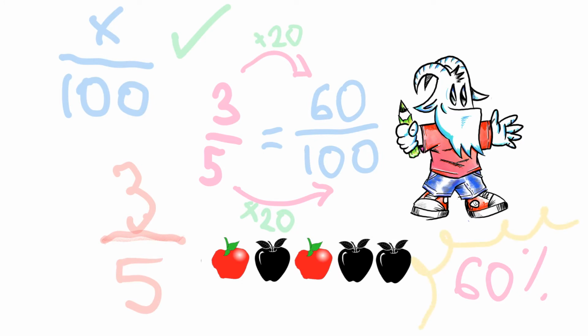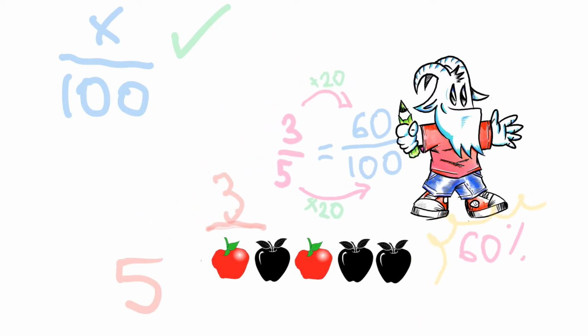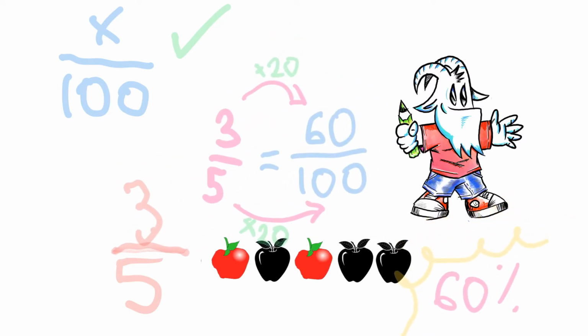My work here is done. So what we do is we multiply the denominator and the numerator, trying to turn the denominator into 100, because percentages are fractions with the denominator of 100. Let's move to our next problem.